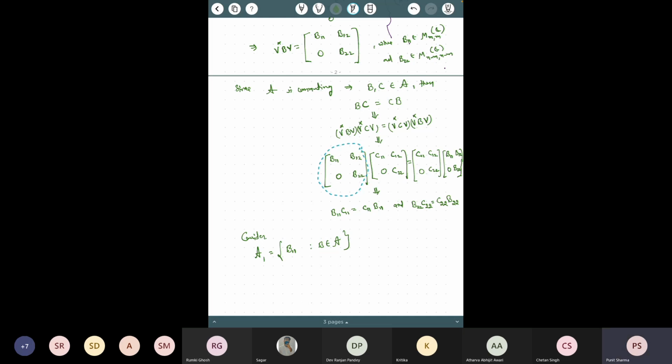You do it for all the matrices in A, and you collect all such matrices. Clearly, this is a smaller size family, and also they are commuting, right? And similarly you can construct A2 also. A2 would be the collection of all such B22 where B22 is coming from this B in the family A.